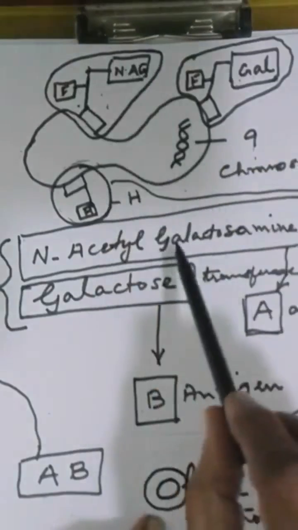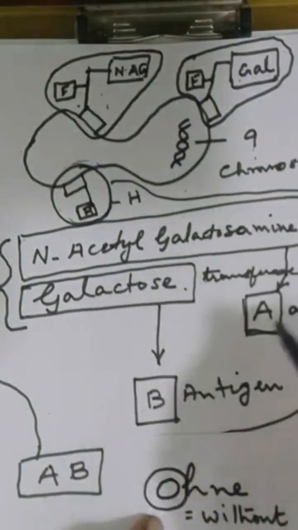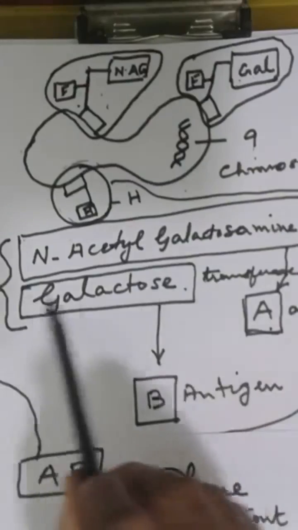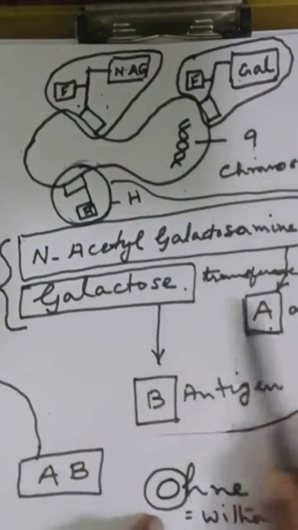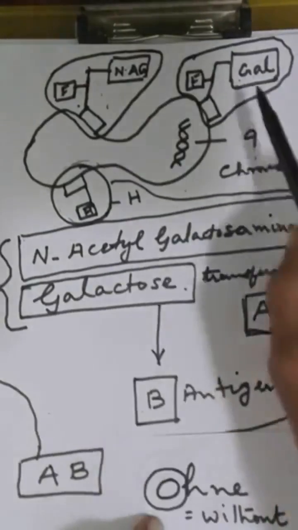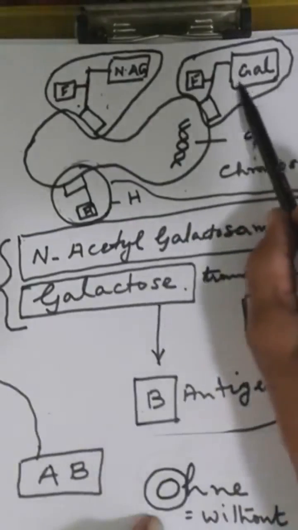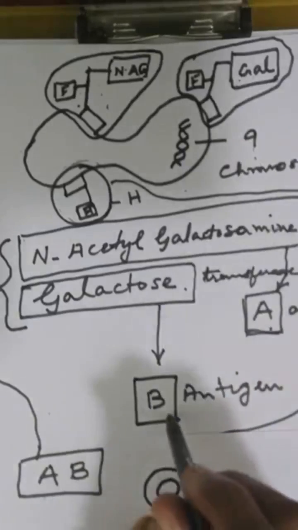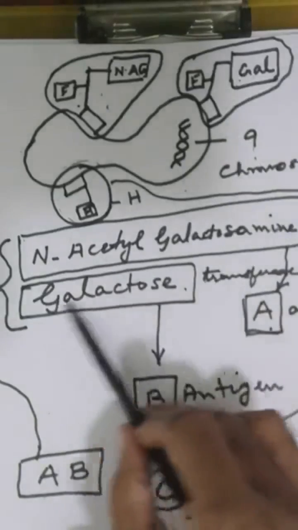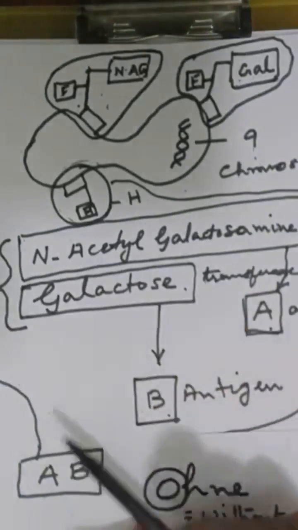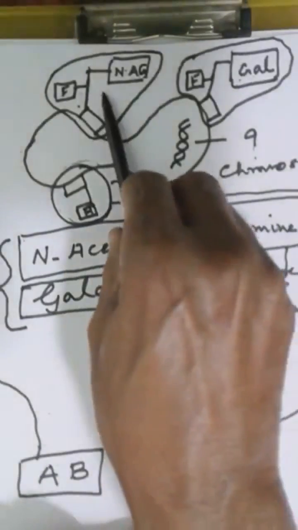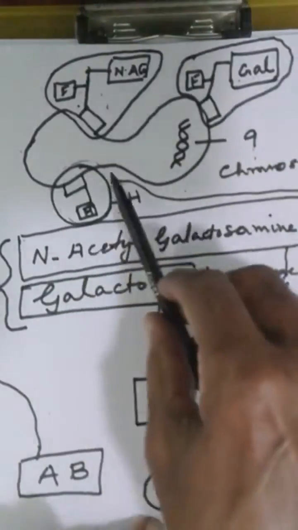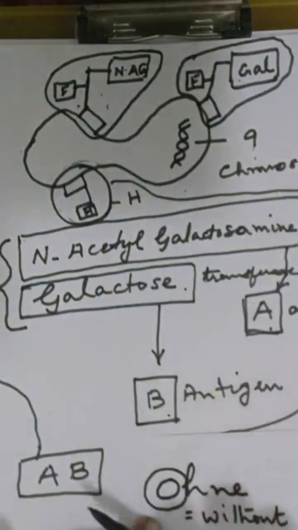Then it becomes group A. Galactose, when it comes with the help of its enzyme and attaches with the H substance, it is B. If both are coming and attach this plus this in an erythrocyte, then that man is AB.